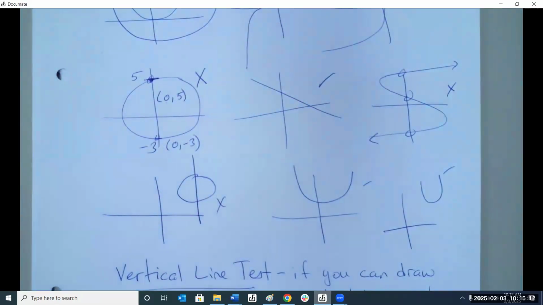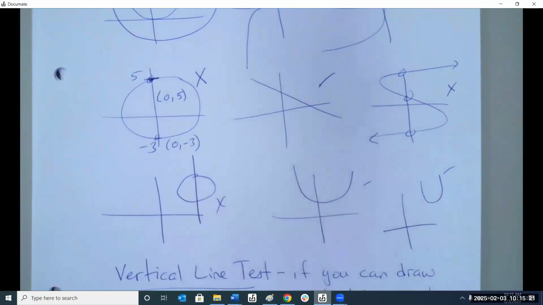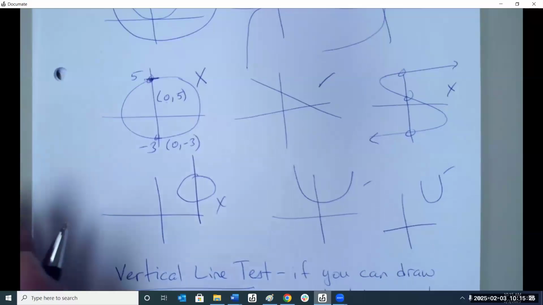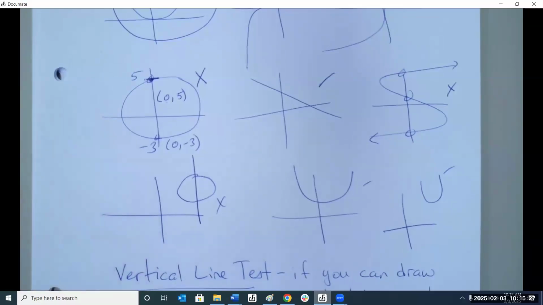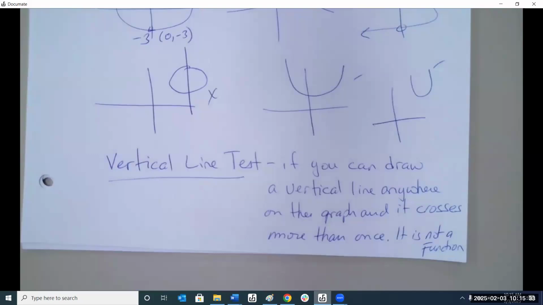So if we put it that way, it makes more sense. That's what we're saying. If you can draw a vertical line anywhere, it has the same X's, but different Y values. That's what it looks like. So if you can draw a vertical line anywhere on the graph and it crosses more than once, it is not a function.